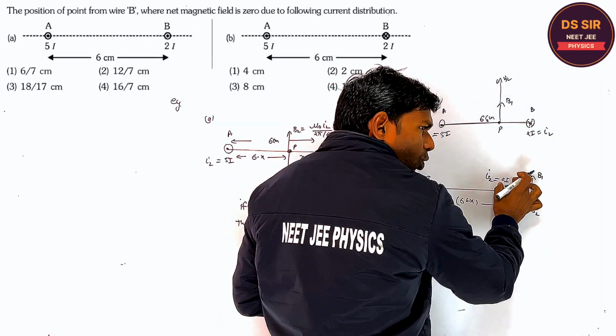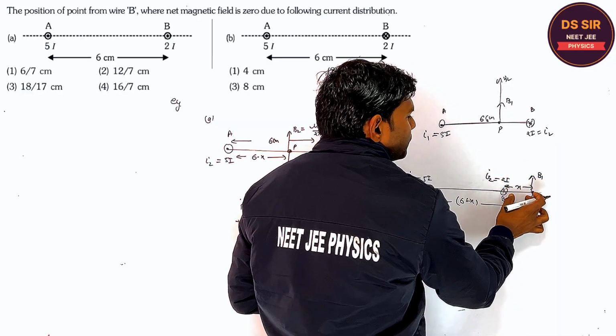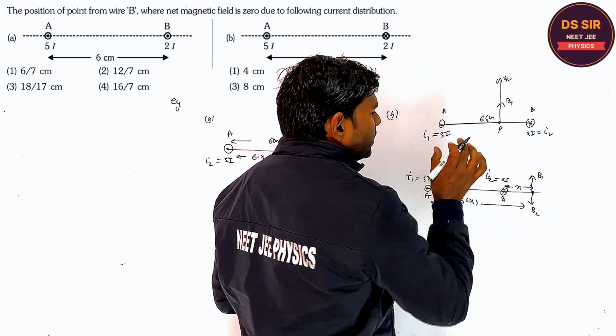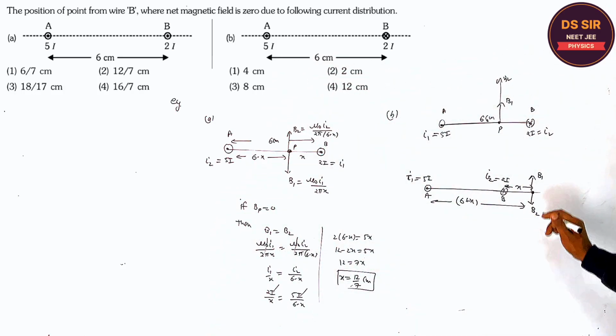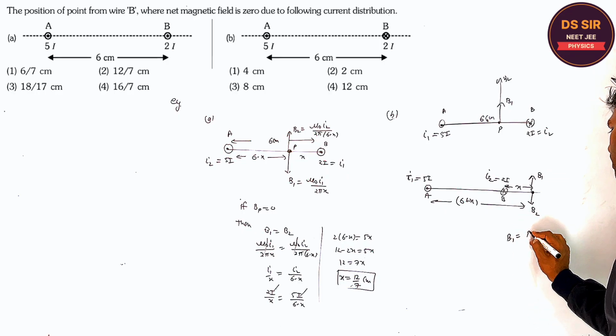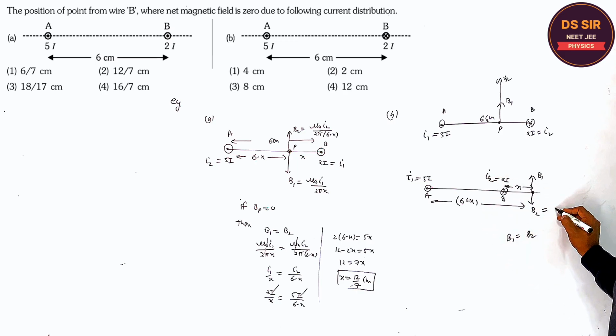This current is small, and the distance is also small. This current is big, and the distance is also big. So therefore the magnetic field may be 0 on this side, such that we have to put B1 and B2 equal. Suppose B2 is mu naught I2 upon 2 pi x.